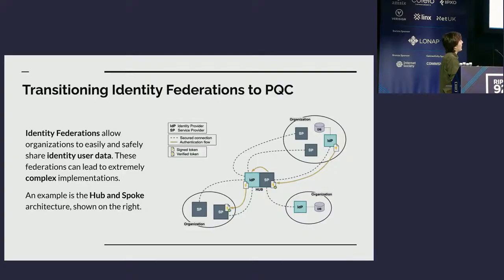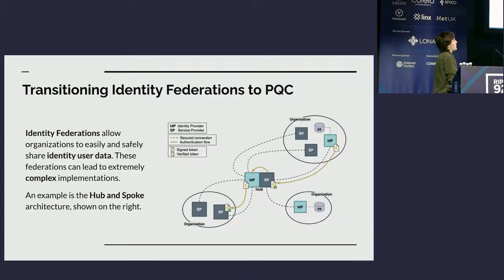So this is only one connection. Only one user authenticating through an identity federation will do these steps. The identity provider will sign a token that will then be sent through a secure connection to the hub. So it's one TLS connection. And then the hub will verify the token and sign it again, because the hub can act as both SP and IDP.